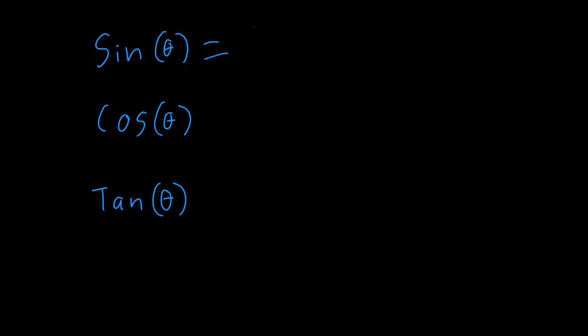So sine is the opposite over the hypotenuse. Cosine of theta would be the adjacent over the hypotenuse, and tangent of theta would be the opposite over the adjacent side.